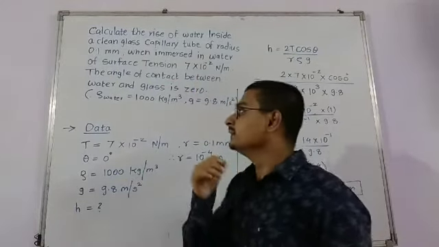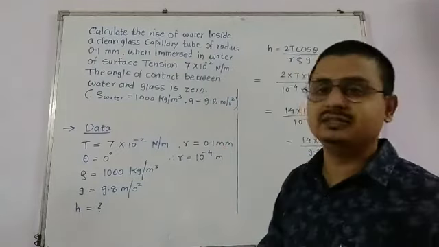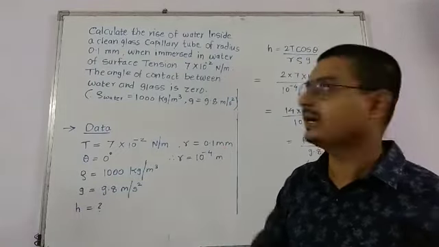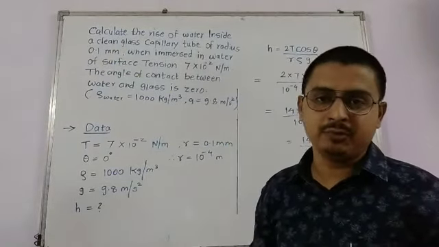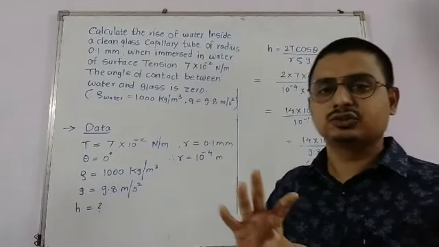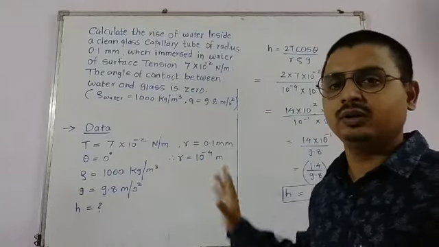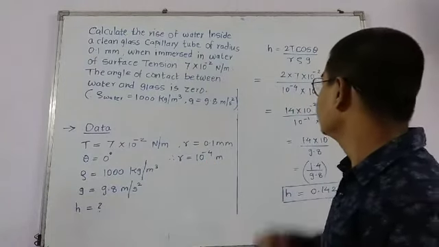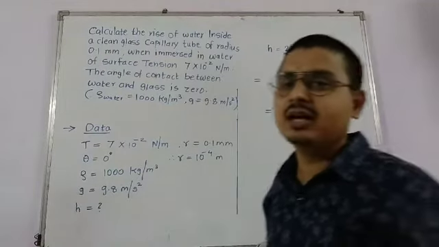Now the next term is r rho g. r is the radius of the capillary tube, that is 0.1 mm, so 0.1 into 10 power minus 3. For easier reading, we take 10 power minus 4 meter here. Then rho is the density of water, and g is the gravitational acceleration.